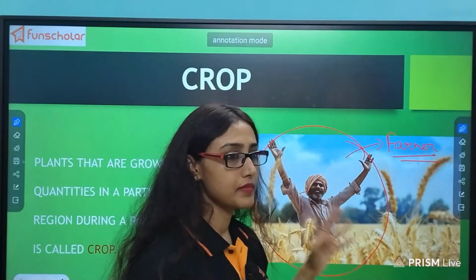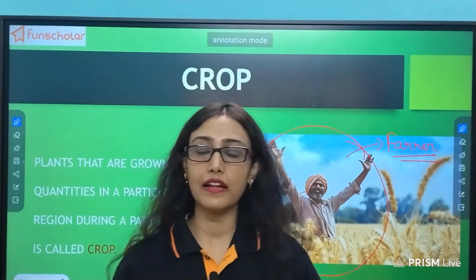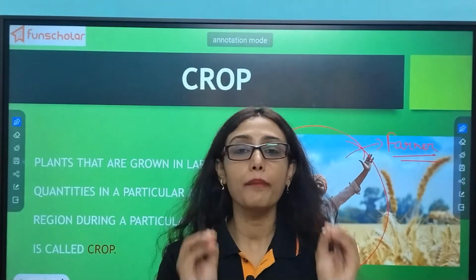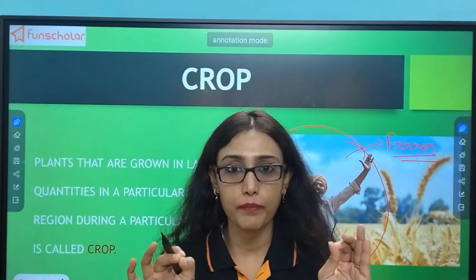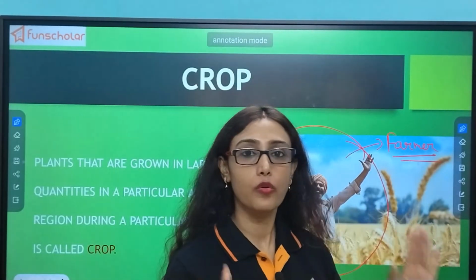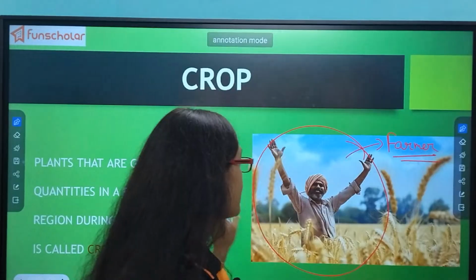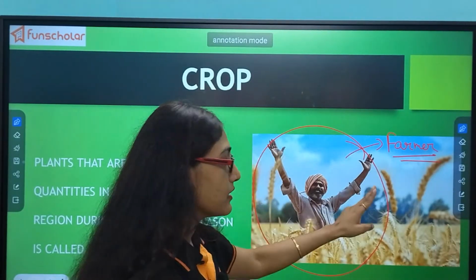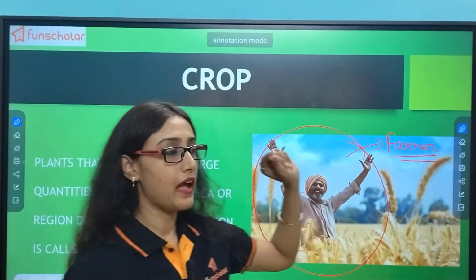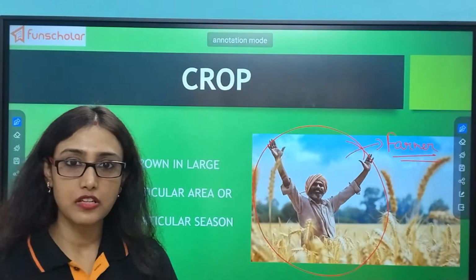Plant is something that is not grown in large amount. Okay. But crop is a specific plant that is grown on large scale. Okay. By whom? By the human being. Which human being? Especially the farmers. And how is it different from natural process?